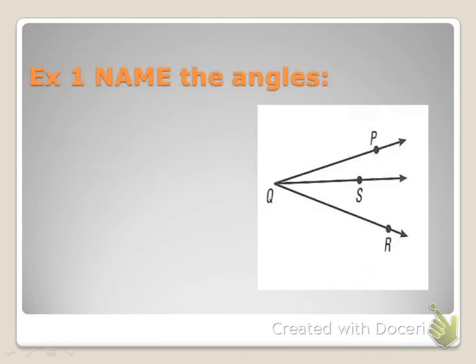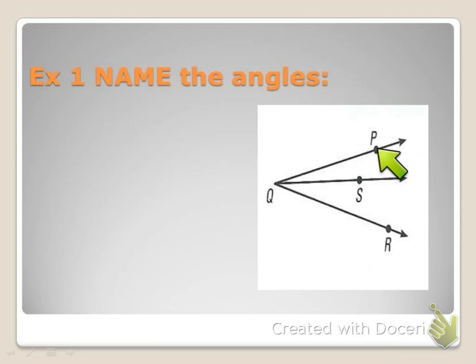So, do you see why I can't just call this angle Q? Yeah, maybe this is angle Q, maybe the littler one on the bottom is angle Q, maybe the big one's angle Q. So angle Q is not an option right now. You have to use 3 letters. The vertex always has to be the letter in the middle. So let's talk about the first one, the top one first.